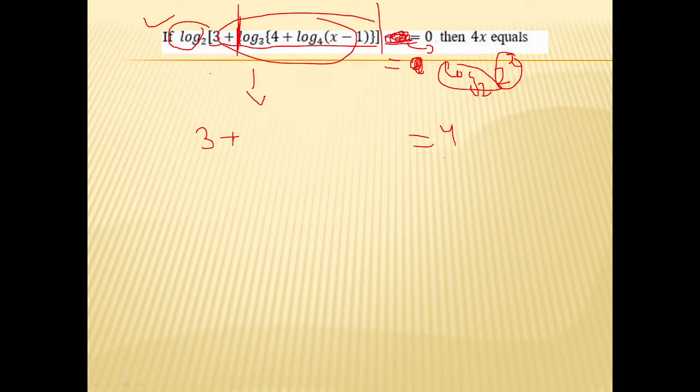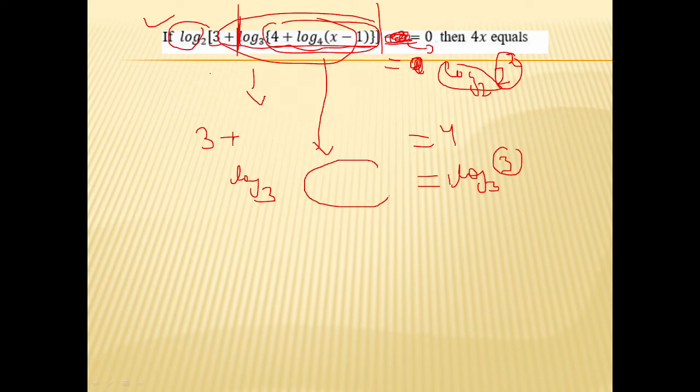Now this will go on here, this will be 1 and this part will come down, log 3 now, and this part is a little hodgepodge, but what to do, equals 4, this part equal to 1. So 1 can be written as log 3 base 3, this will be 1. So this part equals this part. Now this part is 4 log base 4 x minus 1 equals 3. This goes here, this will be minus 1.